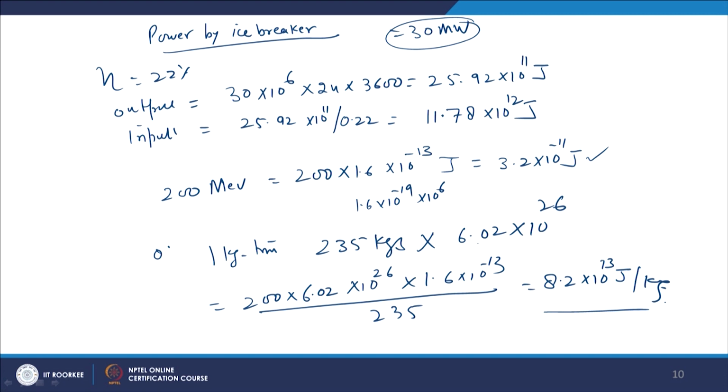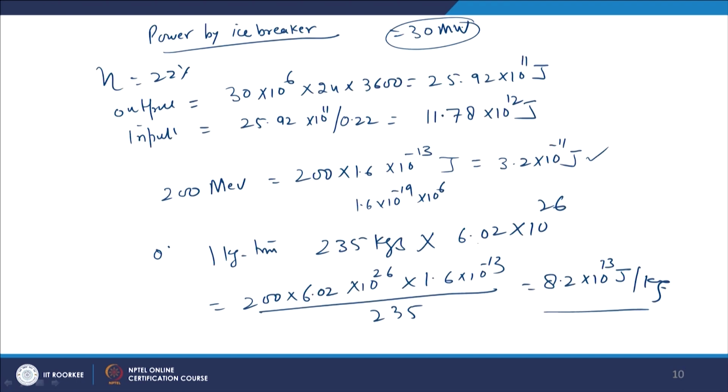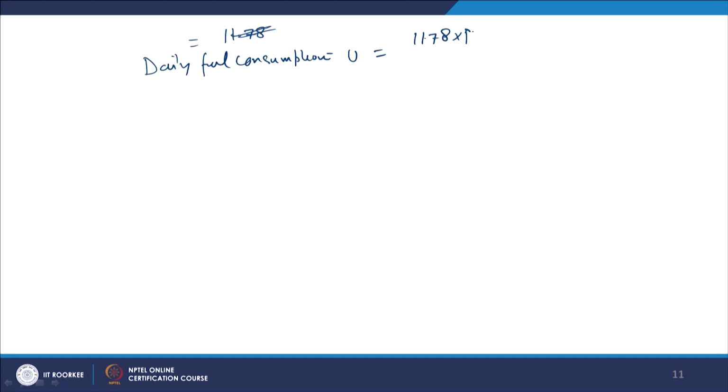Now, for calculating fuel, that is coal. For coal, it is 11.78. Okay. Now, daily fuel consumption of uranium is 11.78 into 10 to power 12 divided by 8.2 into 10 to power 13.